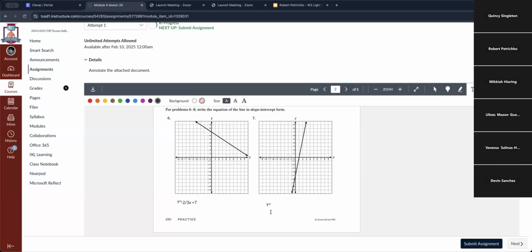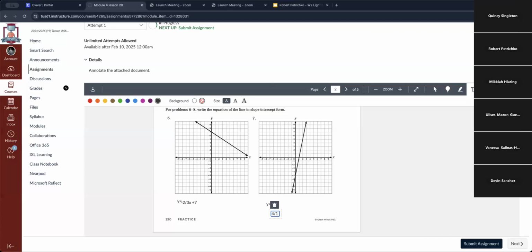Did I not send you where I showed you how I figured out the slope? Is that not in chat? Okay, so now I'm going to write it down for you. The slope intercept formula for the line is y equals mx plus b.